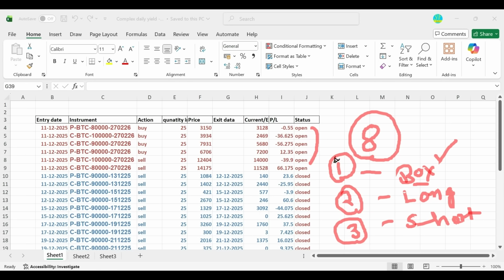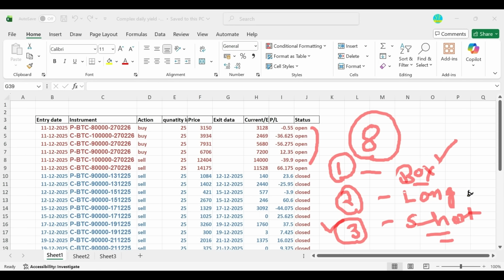Out of these three, only the third one is our regular profit contributor. This third leg, the short straddle or short strangle, will contribute to our profit.